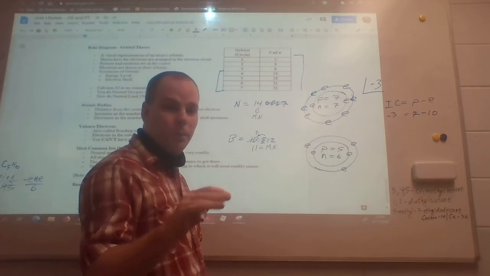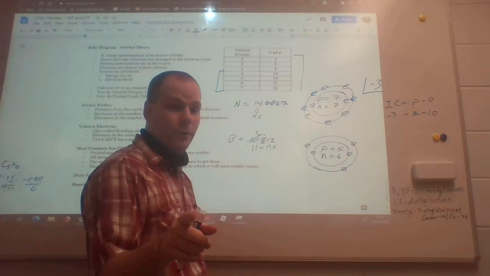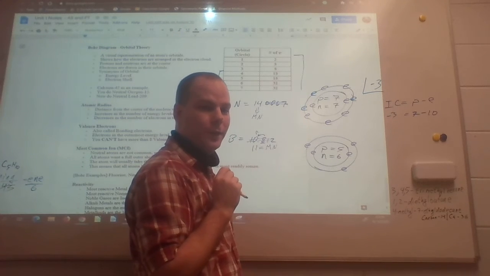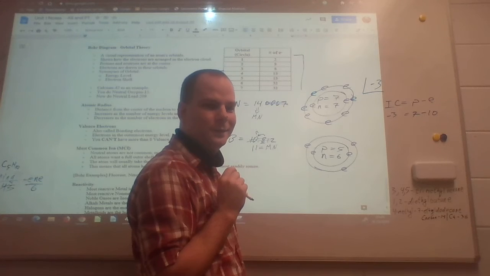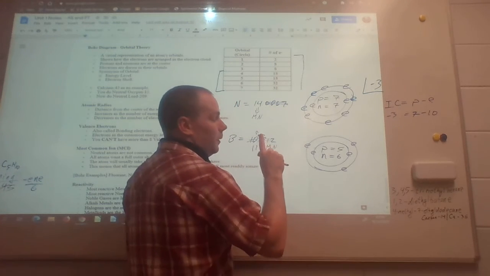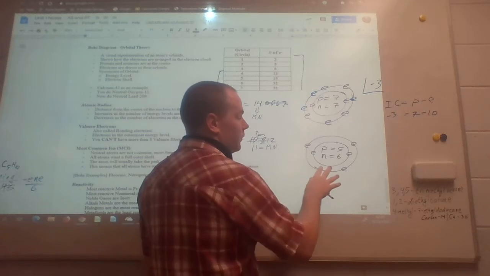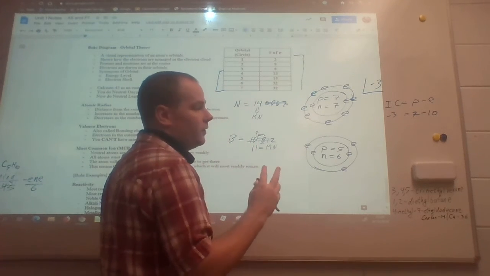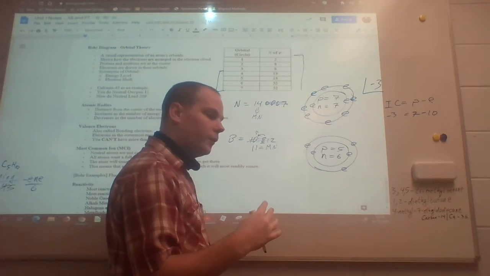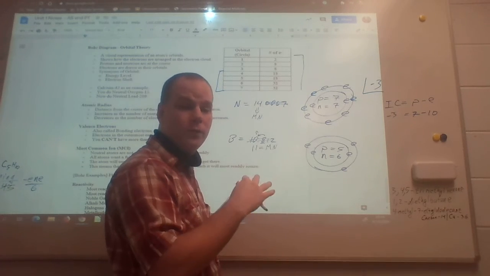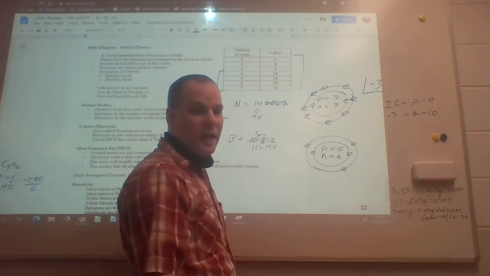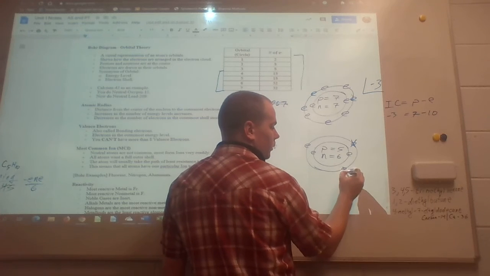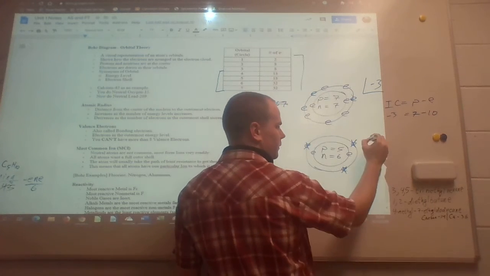So I'm going to give you a second. Pause this if you need to, and you try to figure out this one, and then I'll go through it. All right. I'm assuming you paused it and did it. Okay, so this atom has 3 electrons in its outermost shell. Since it's got 3, its 2 options are to either gain 5 or lose those 3. 3 is less than 5, as once again, and so it will lose these 3 electrons.